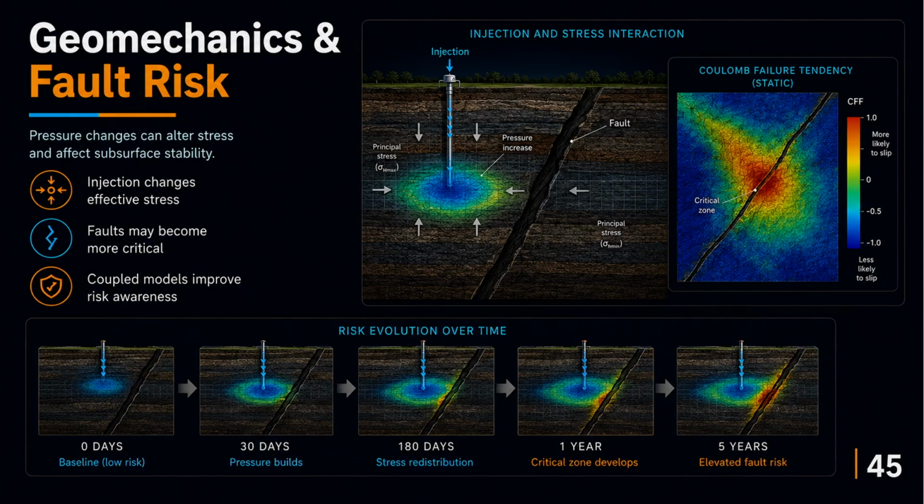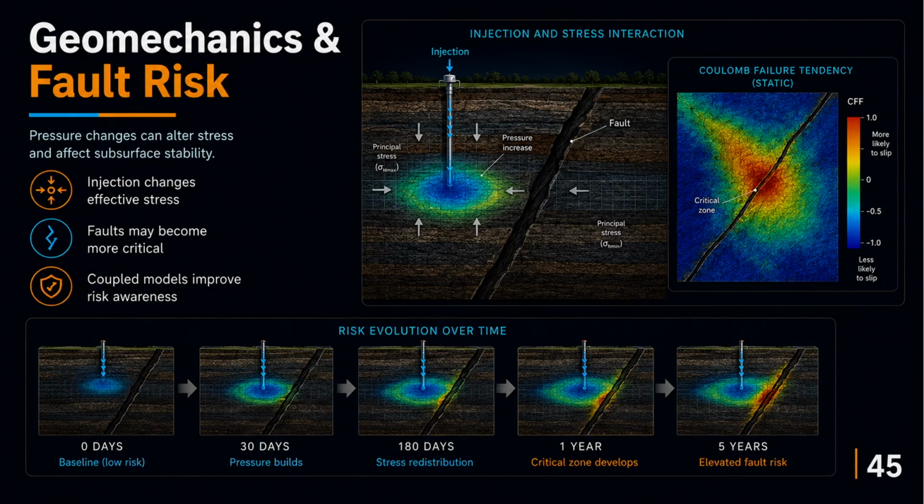This coupling is especially important for CO₂ storage, hydrogen storage, and geothermal development because public acceptance and regulatory approval depend on safety. A strong workflow should not only predict where the fluid goes, it should also predict whether the operation remains mechanically safe. This is how simulation contributes to responsible subsurface energy development.